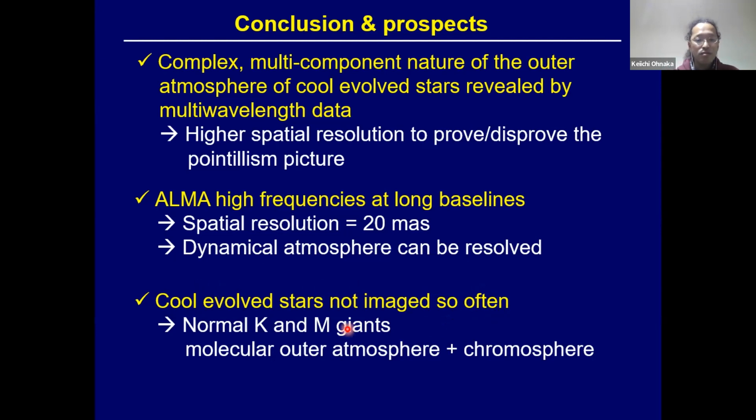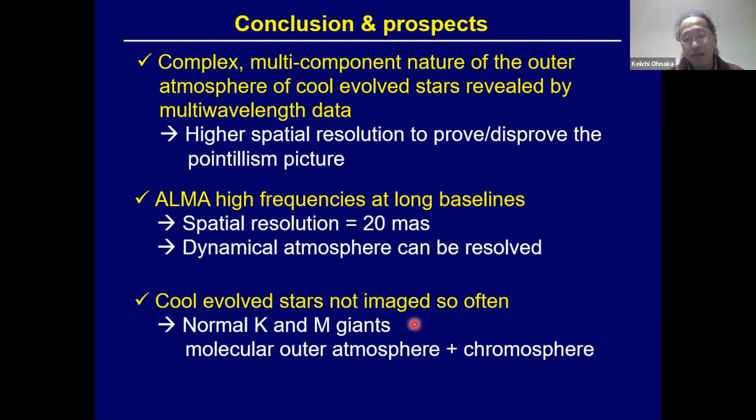There seems to be a group of cool evolved stars somehow unfairly neglected, or not imaged so often. They are normal K and M giants. Normal means non-Mira red giant branch stars, or non-Mira AGB stars. They do have an extended molecular outer atmosphere and chromosphere, and they tend to have little or no dust.